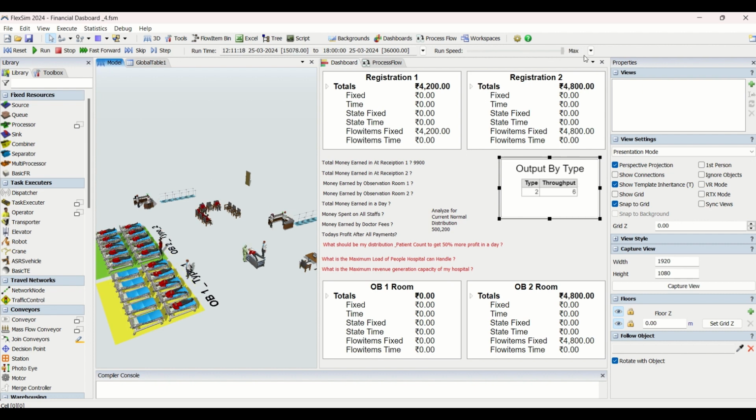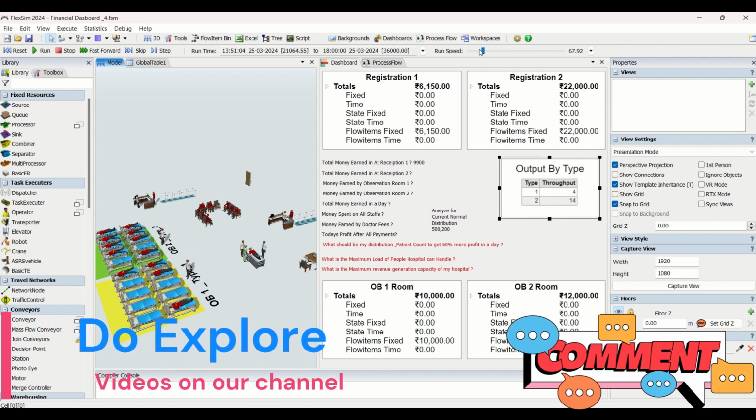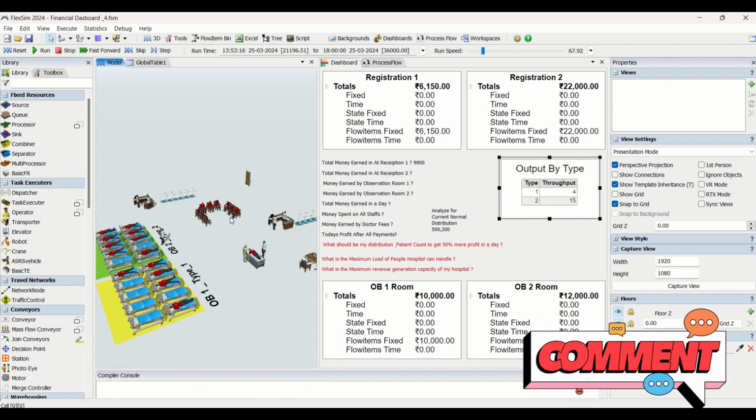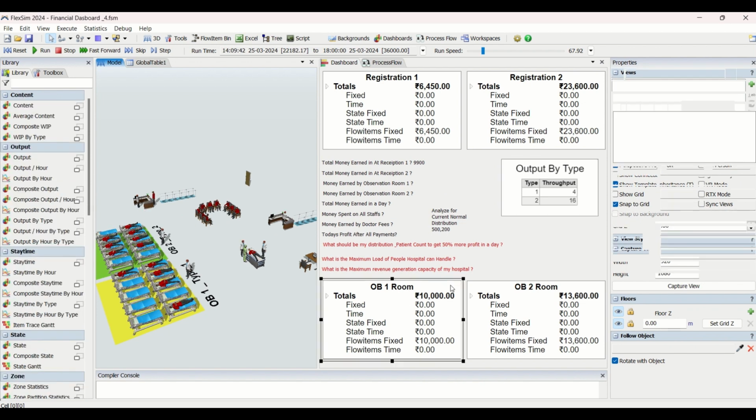If you look, observation 1 had 3 patients and 12 serviced. We will make this somewhat slower, and now you can observe that a total of 19 patients are serviced by the observation areas.